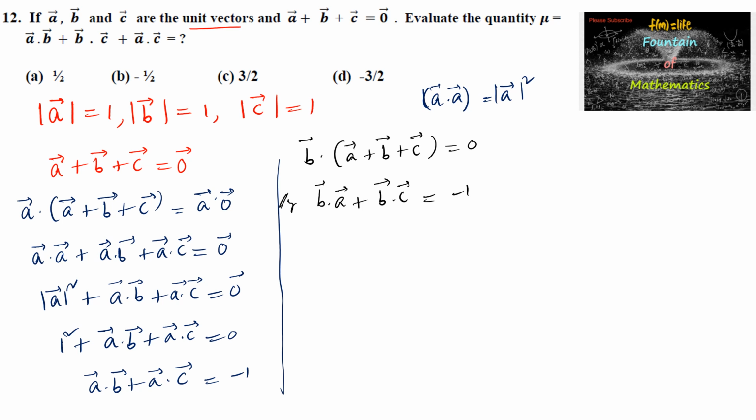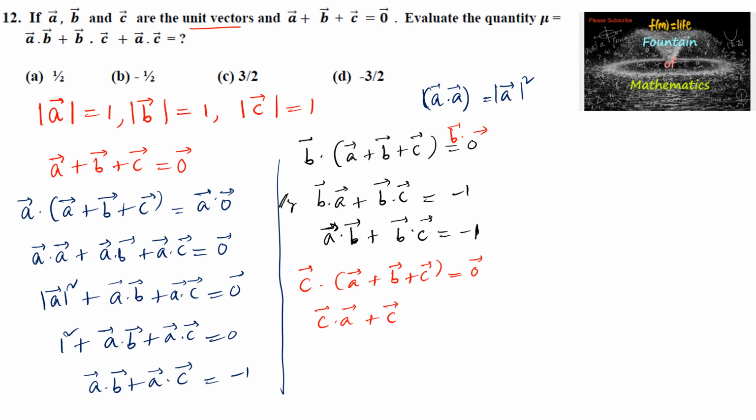Or this can also be written A dot B plus B dot C is equal to minus 1, since dot product is scalar, I mean A dot B is equal to B dot A. And similarly, if we take the dot product with the C vector, we get C dot A plus C dot B is equal to minus 1, since C dot C is equal to mod C square, which is 1.